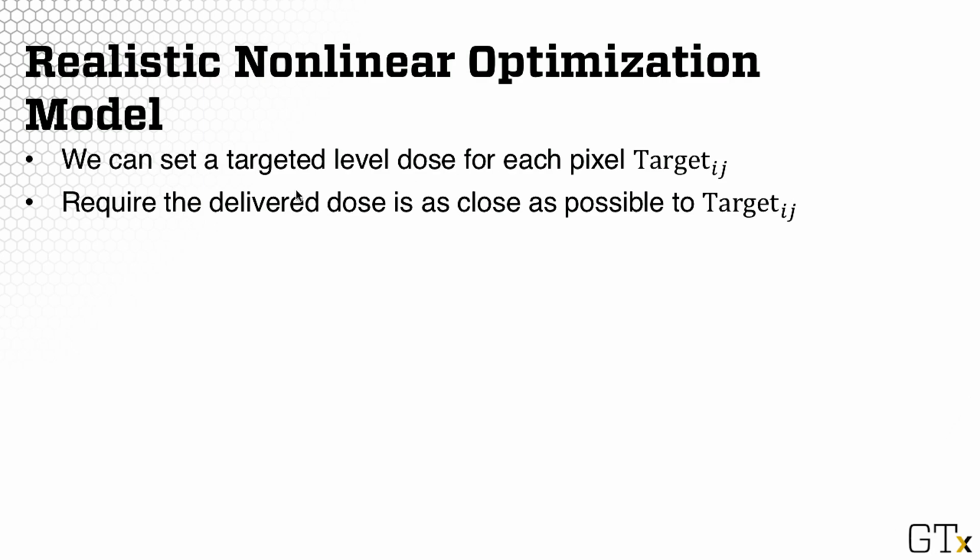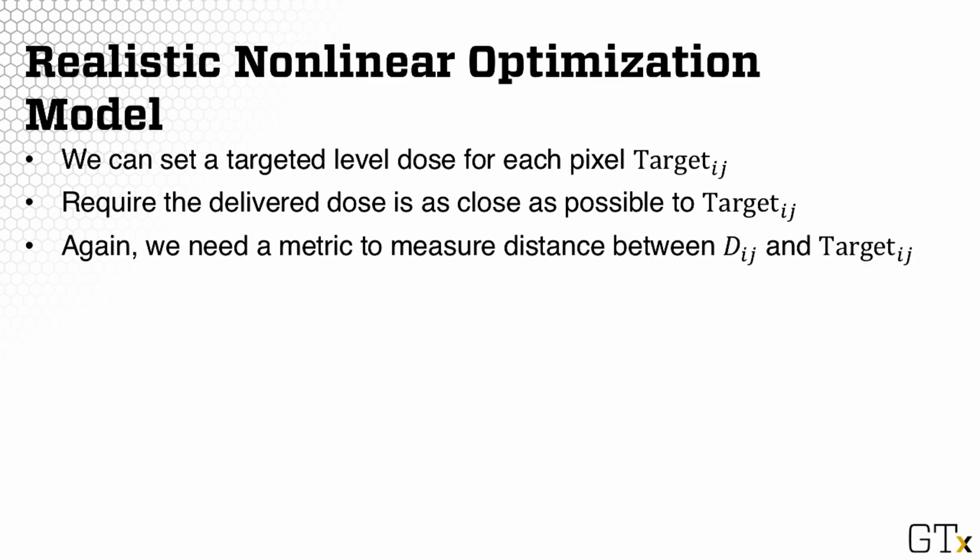And we require the optimization problem to come up with a delivery plan so that the delivered dose is as close as possible to that target level. So you see that as close as possible is measured by a certain distance. So again, we'll minimize a distance from the planned delivery to the target delivery.